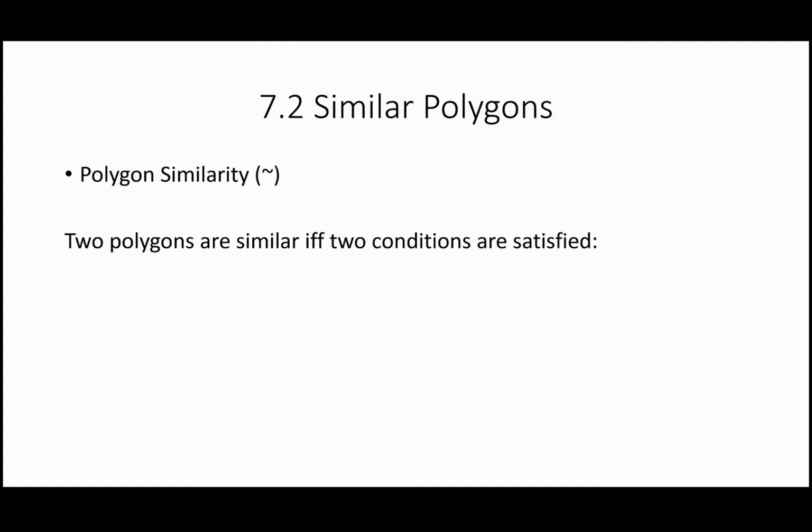Polygons are defined as being similar if and only if. Now this "if" with two F's is not a typo, it's mathematical shorthand for the phrase "if and only if" two conditions are satisfied. So the one condition is that all pairs of corresponding angles are congruent. So that's a leftover from polygon congruency, right?